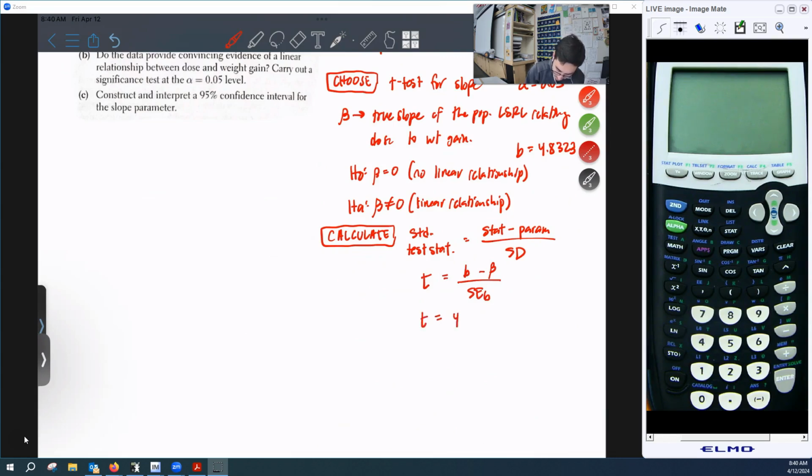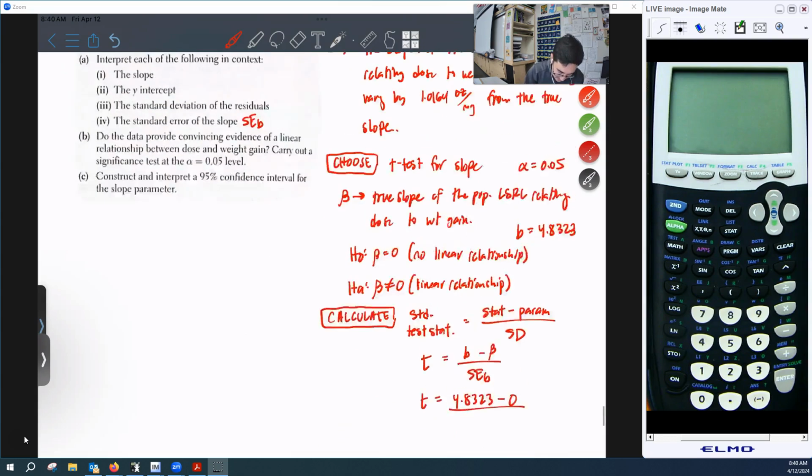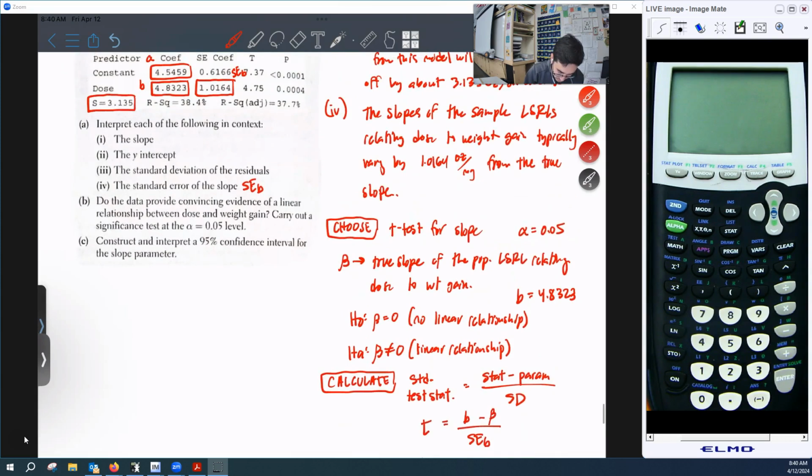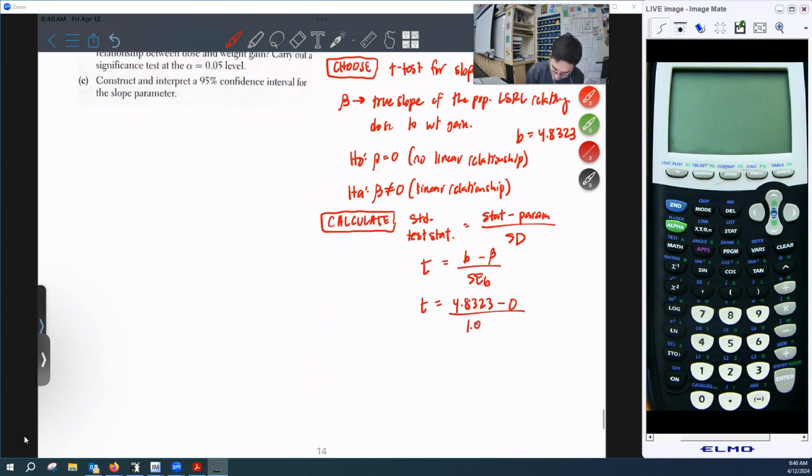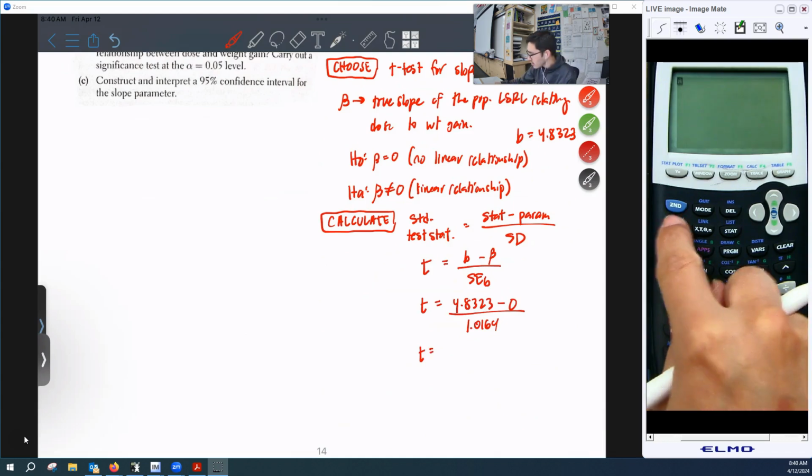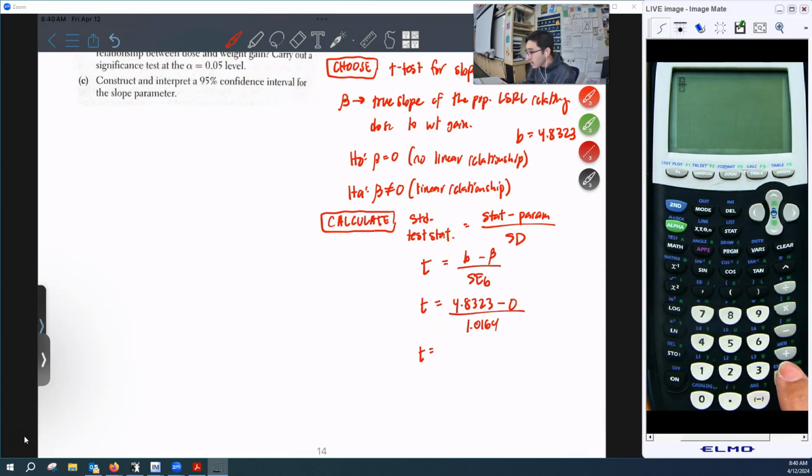All right, so 4.8323 minus 0, remember the null hypothesis states that the true slope is 0. And then SEB is 1.0164. All right, so this is going to give us a test statistic of 4.8323 minus 0 divided by 1.0164.